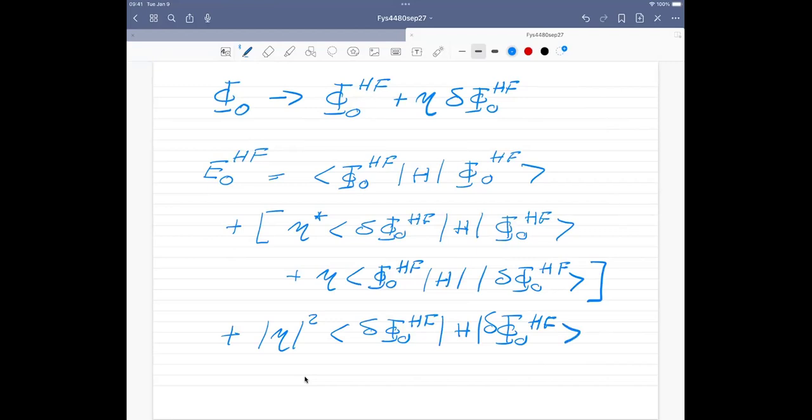Now, what is common to do when you do variational calculus is that you skip the quadratic term, because you assume that eta is very small, so that you can actually leave out the quadratic term. So since we assume that eta is very small, we leave out the quadratic term.